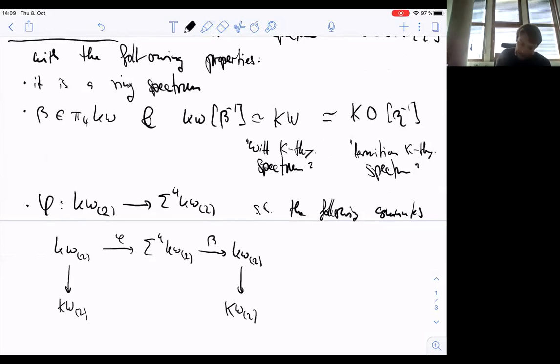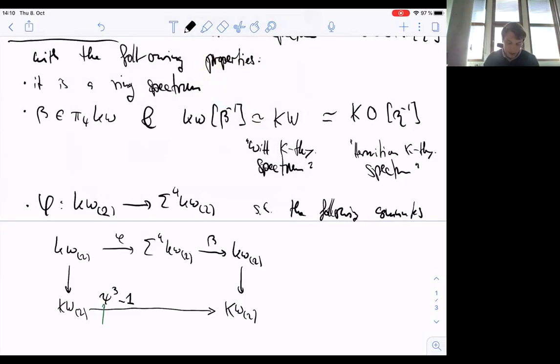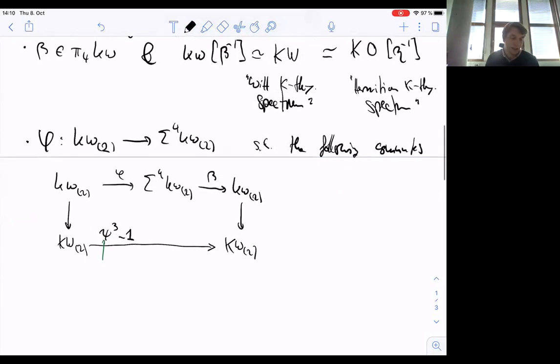And what I want to claim is that there's a map which you can put here to make the whole thing commute, and that map should be familiar, namely psi3 minus 1. This psi is an Adams operation. On Hermitian K-theory or on Witt K-theory, you can periodize it, and you can use the ones constructed by Jean Fasel and Olivier Haution. So this is the Adams operation.